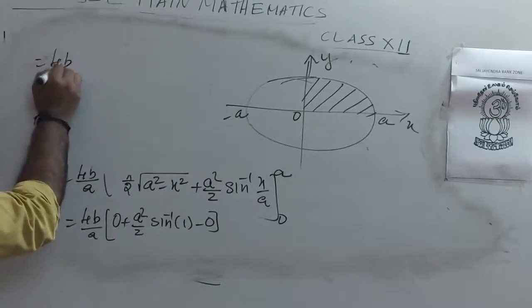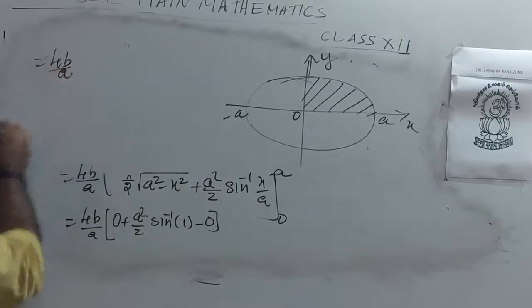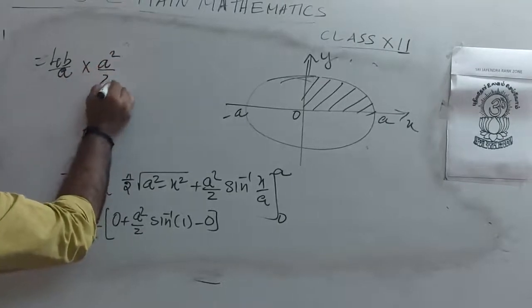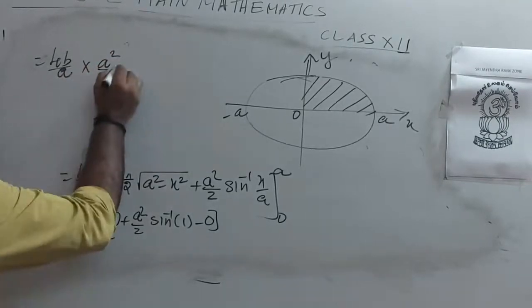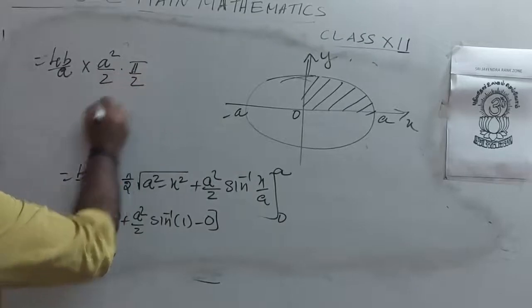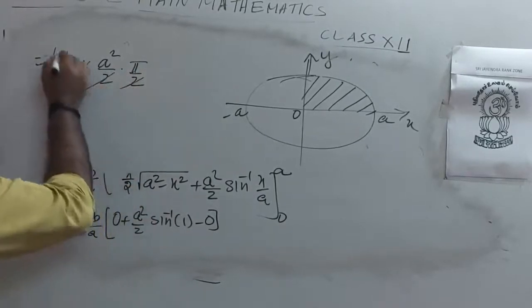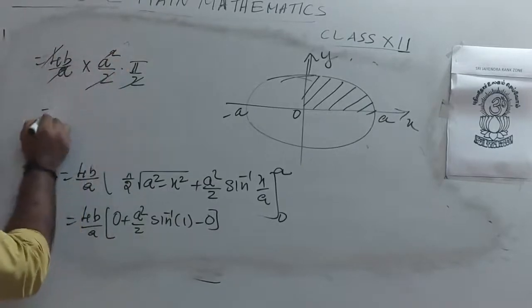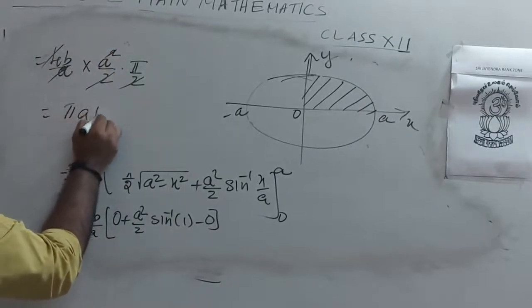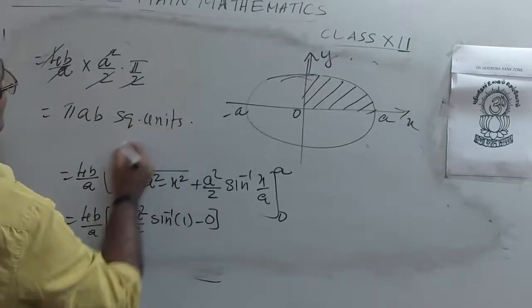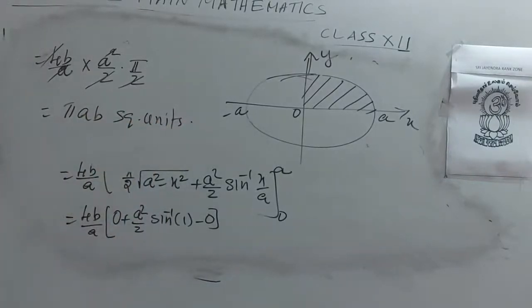So 4b by a into a squared by 2 into sin inverse of 1, which is pi by 2. The 2 and 4 will cancel, and one a will cancel. Pi a b square units.